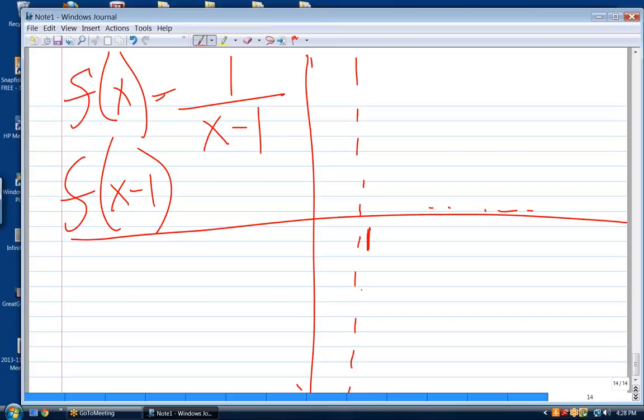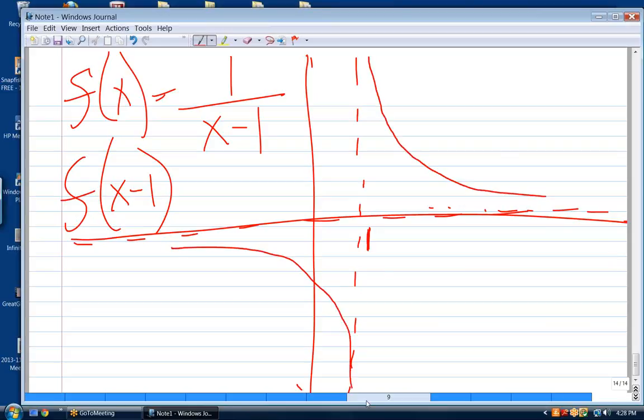Exactly. Once we have our asymptotes on there, it's still hyperbolic in nature, just not with the x and y axis. It's with the vertical asymptote, which always is whatever makes that equal to 0. The other way to look at this is that it is the same as f of x minus 1, where we're looking for x minus h.